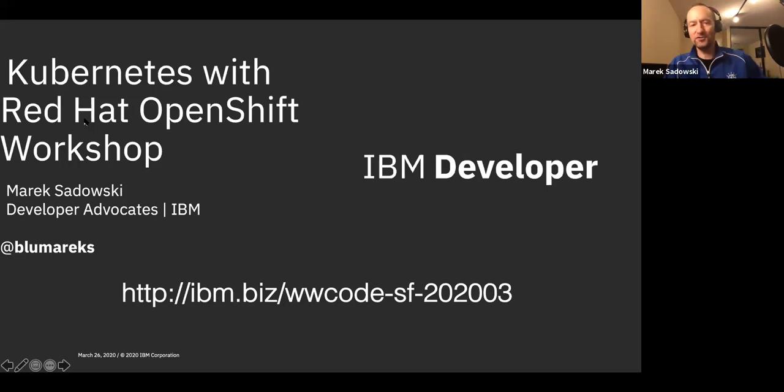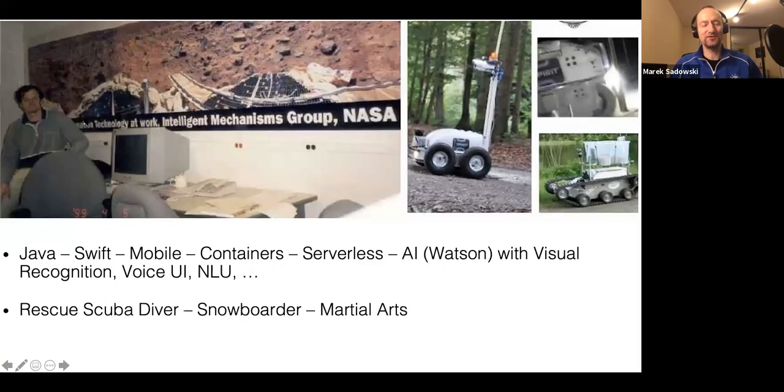So without further ado, let me introduce myself. I'm Marek Sadowski. 20 years ago, I was at NASA working on a Mars mission. We were doing virtual reality systems to manage robots. I couldn't find a job in robotics, so I started to work with large companies.